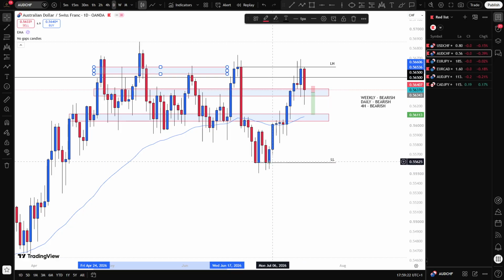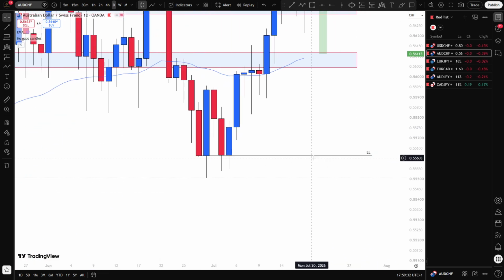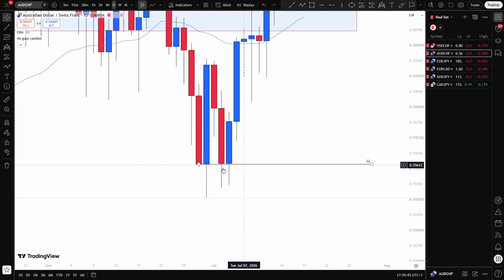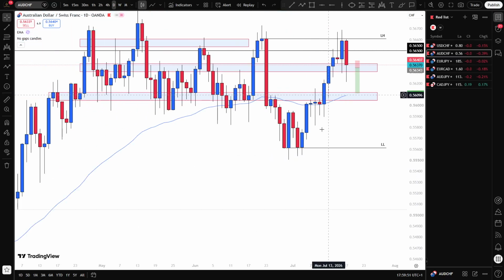This bearish candle did not body close below this lower low. Let me zoom in so that you see clearly. It did not body close below this candle, so we are still bearish. That minor space here matters a lot in market structure.